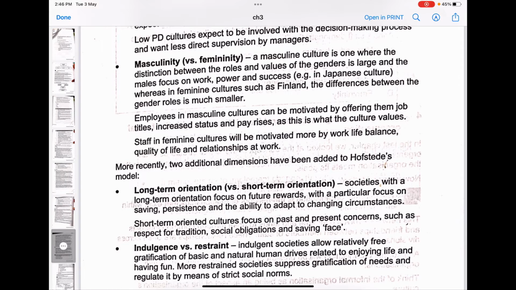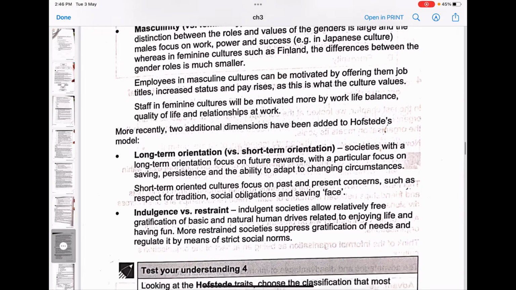Employees in masculine cultures can be motivated by offering them job titles, increased status, and pay rises, as this is what the culture values. Staff in feminine cultures will be motivated by more work-life balance, quality of life, and relationships at work.